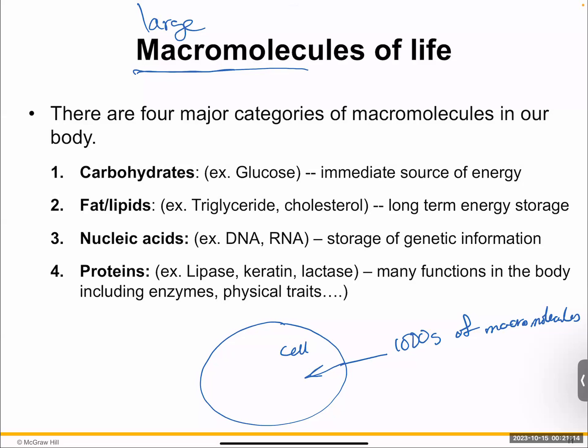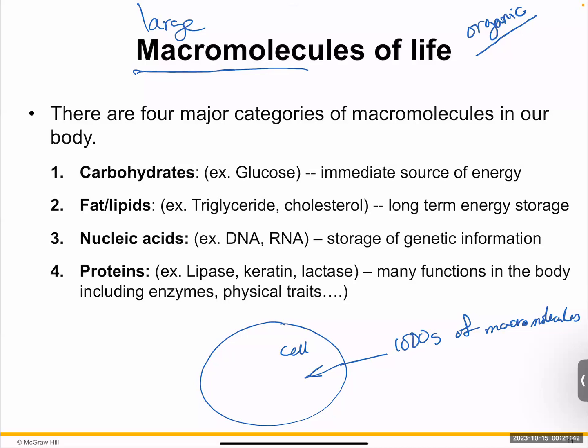One thing that I haven't listed here, and I will expand on it in the future lectures, is that all of these macromolecules are identified as organic. And this word has to be used very particularly. It's not what we use in our day-to-day grocery shopping, when they use the word organic very commonly.